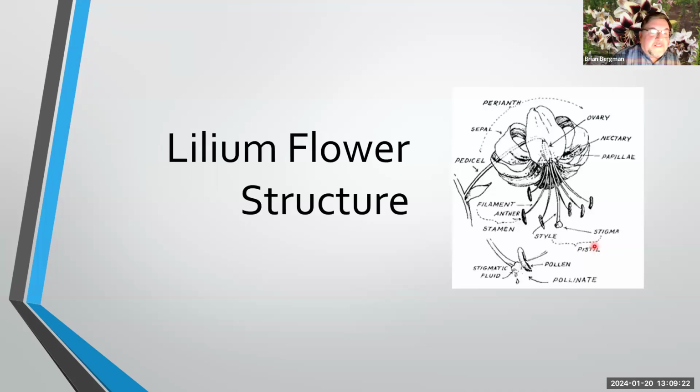Next slide. Here we've got the bigger picture. And again, there's the stigma. It's going to be important to pay attention to those stigmas and to the anthers, because the anthers contain the pollen, and that can give us ideas on what type of cultivar you have.